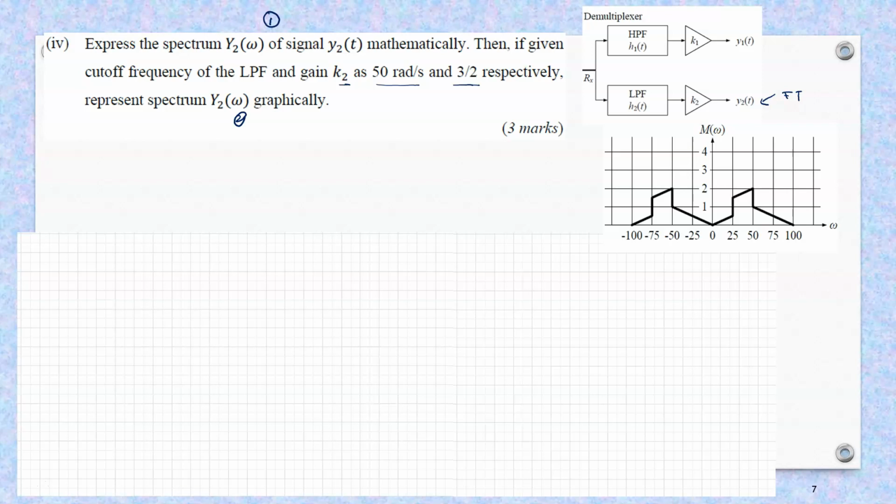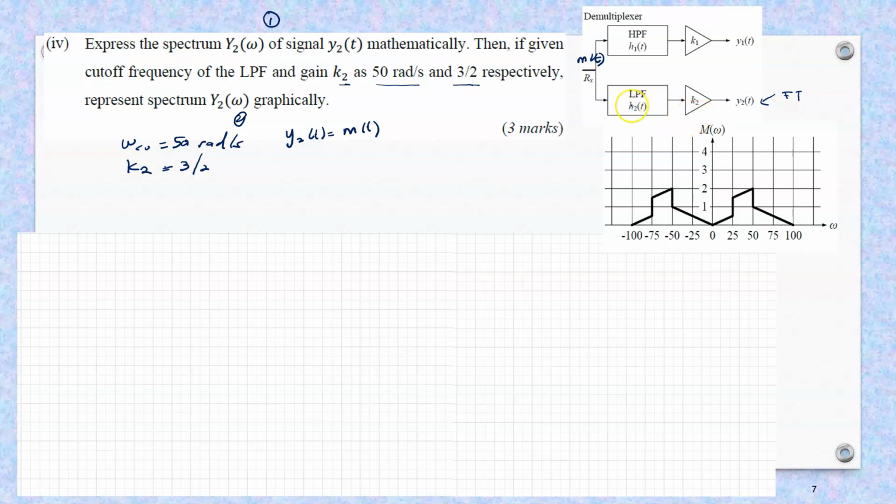So now it is given that for the LPF here, omega C naught is equal to 50 rad per second and K2 here is equal to 3/2. Then we write the equation of y2(t) first mathematically. So y2(t) is equal to m(t), this is m(t) going into the low pass filter.